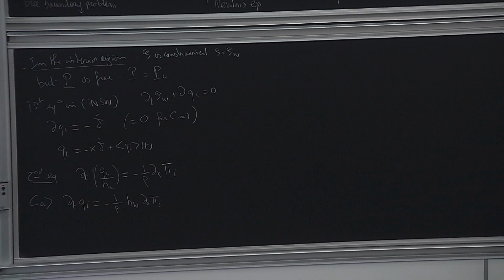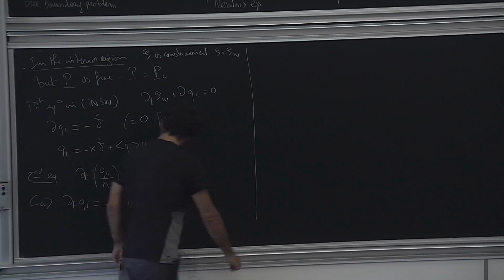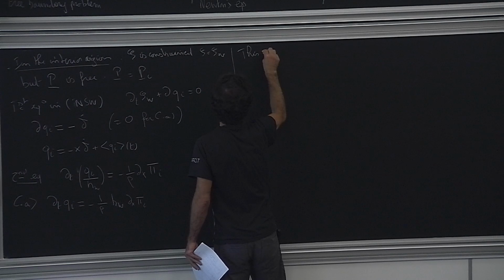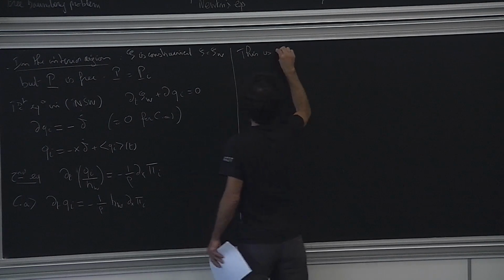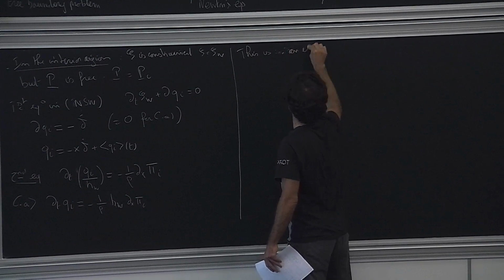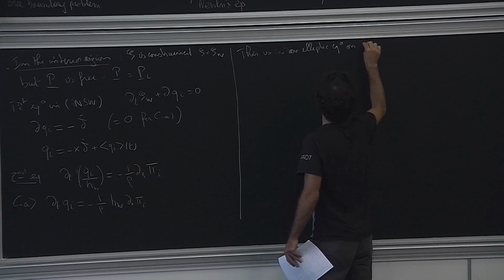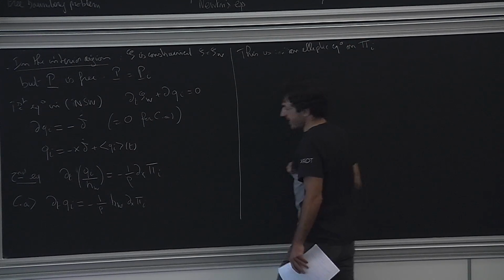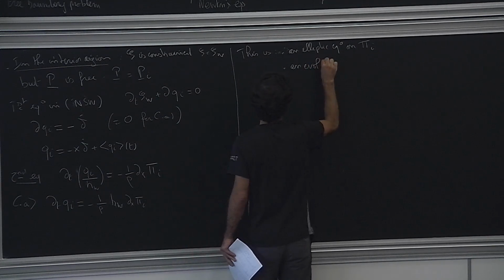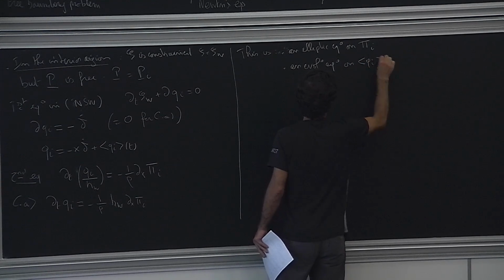And from this equation, there are two things: an elliptic equation on the quantity pi, and on the other hand, an evolution equation on this quantity.